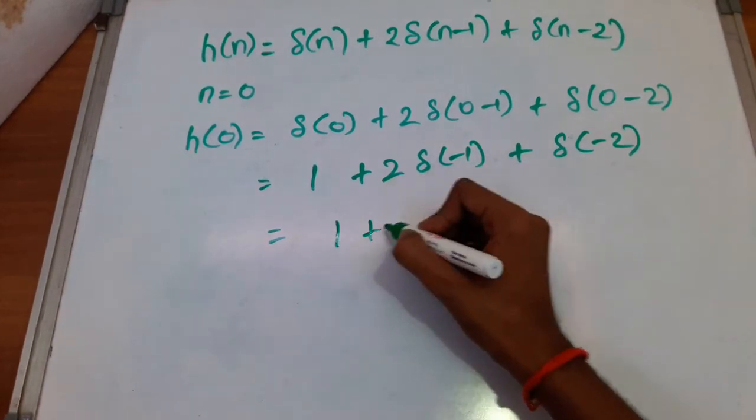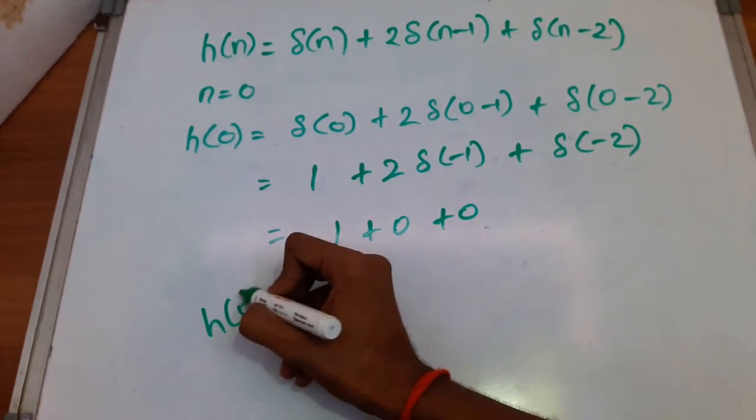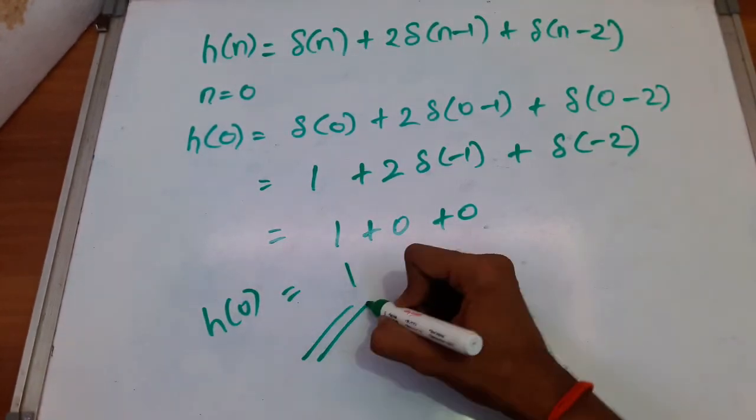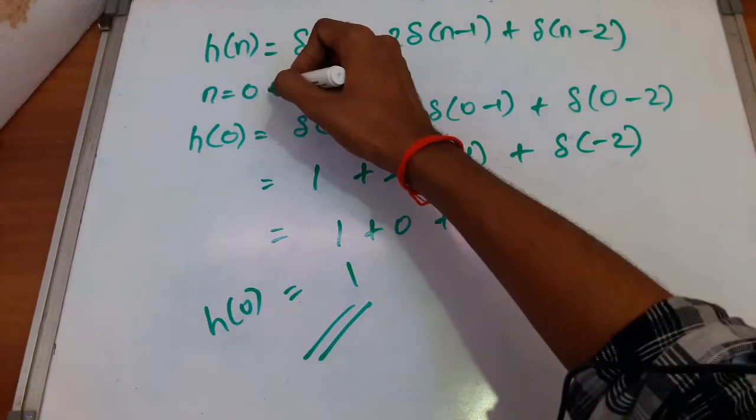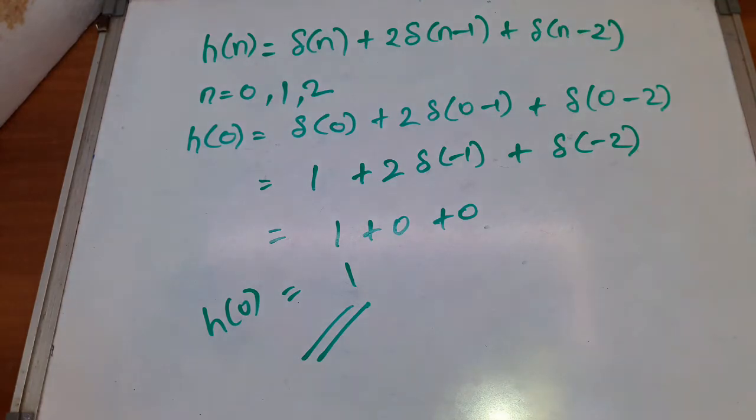So 1 plus 0 plus 0 will give us h of 0 equals 1. Similarly, we have to do this for 1 and 2, and 3 is the maximum, I guess.